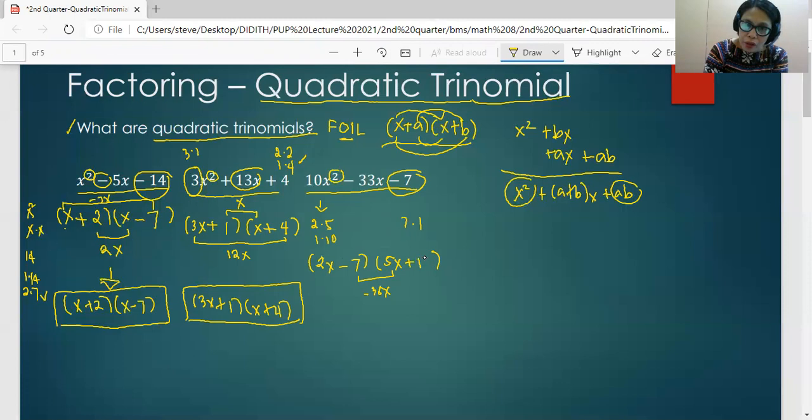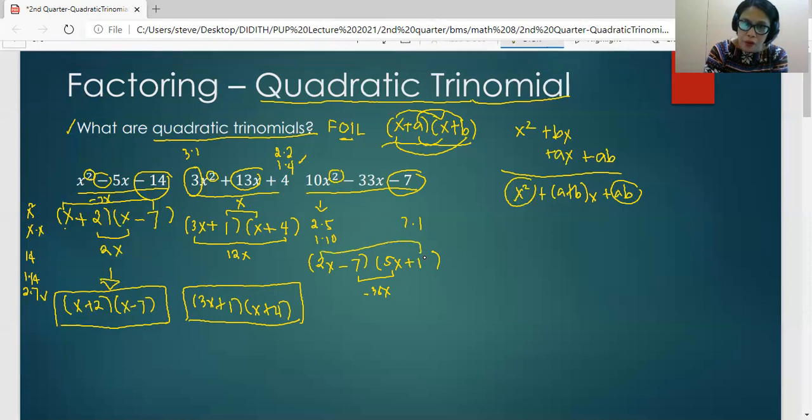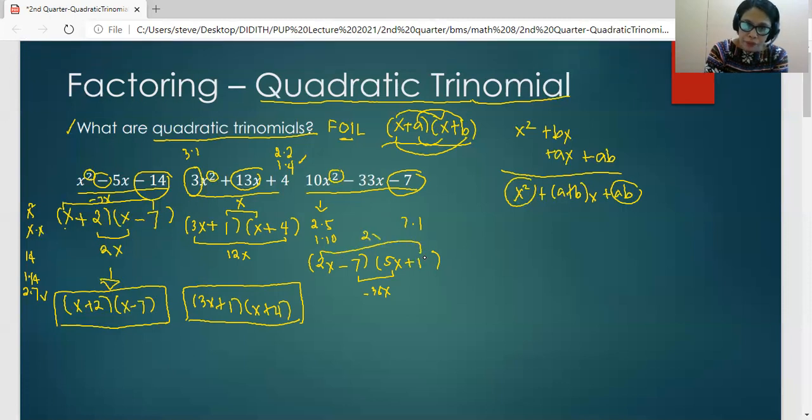Now, take note that the product of the outer terms here is 2x. So when we combine 2x and negative 35x, the result is negative 33x. So the factors are 2x minus 7 and 5x plus 1.